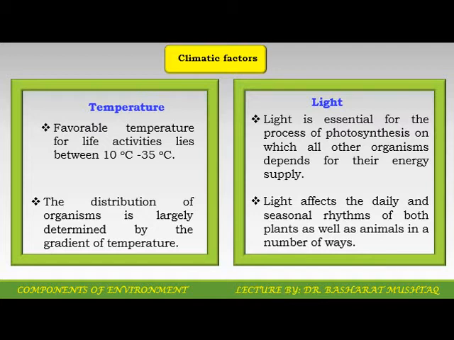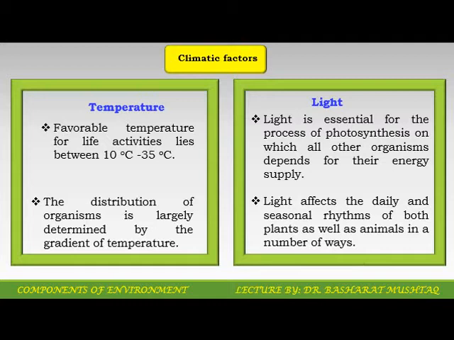The distribution of organisms is largely determined by the gradient of temperature. Temperature may limit the distribution of organisms through its effect on survival, its effect on the metabolic rate, and its effect on other life processes.